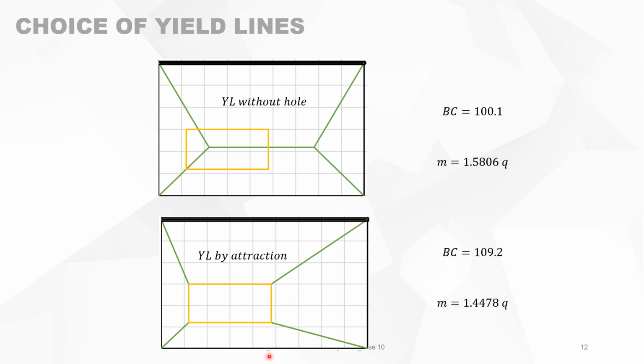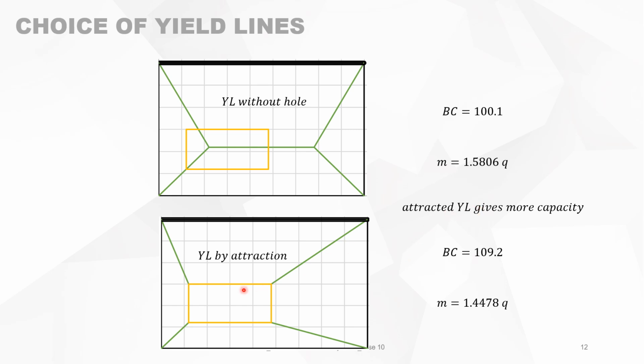When we use attracting yield lines, you have 109% of the bearing capacity, and the bending moment is lower. It's 1.45 times Q. So using yield lines by attraction, you have a more optimistic result, because the bending moment is smaller. So by using attracting yield lines, it gives you more capacity.